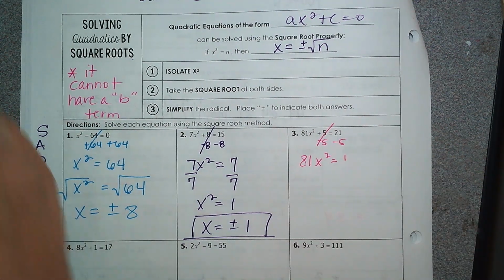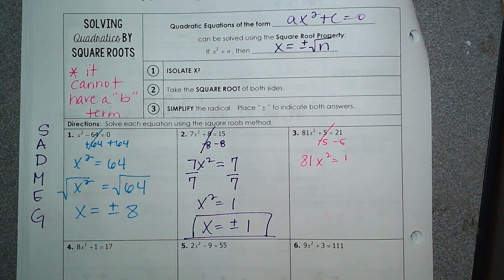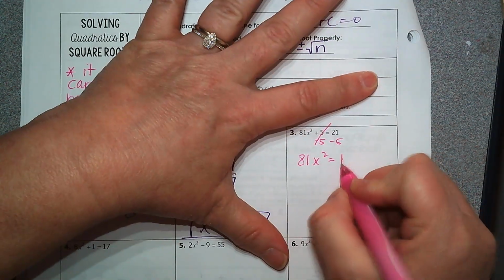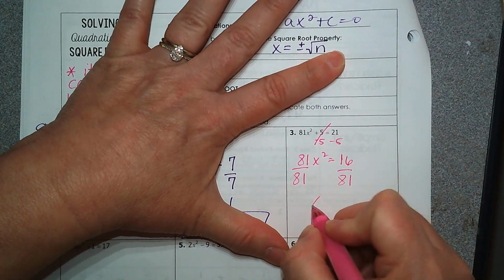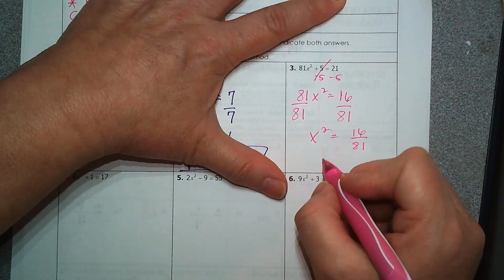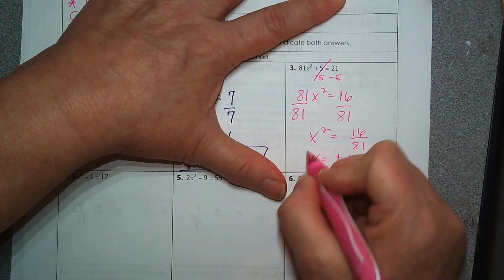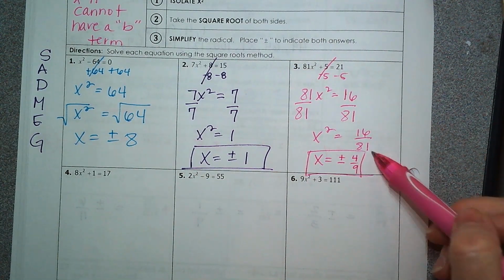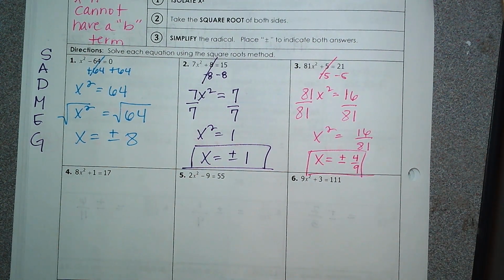I'm having a brain cramp. 21 minus 5 is 16. Divide by 81. Take the square root of both sides. What's the square root of 16 over 81? Take the square root of both numbers. They are both perfect squares. Square root of 16 over 81 is 4 over 9.